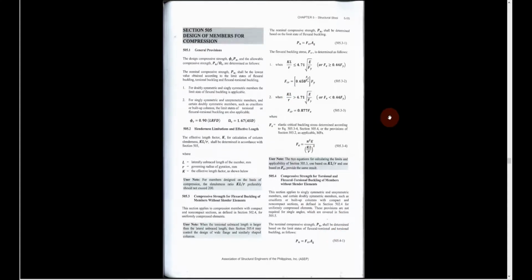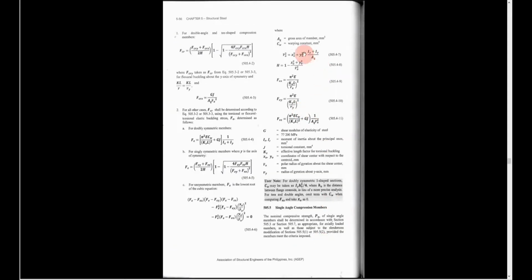So page 5-55 states here the one that I'm talking about. We have here the compressive strength for torsional and flexural torsional buckling of members without slender elements and the different conditions in the module. So these are the formulas and the conditions.